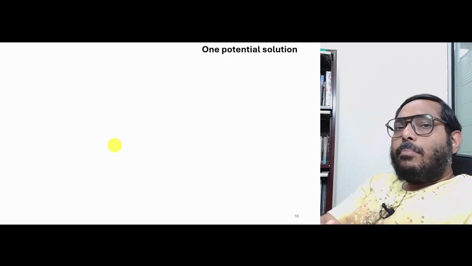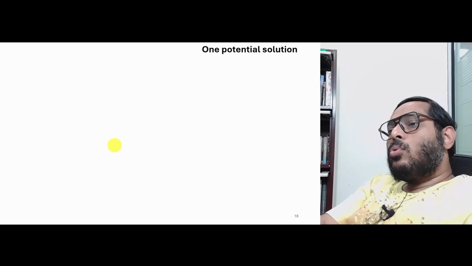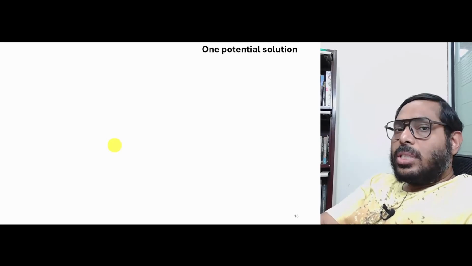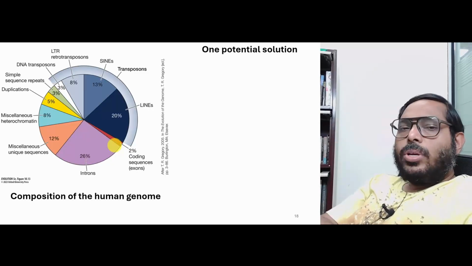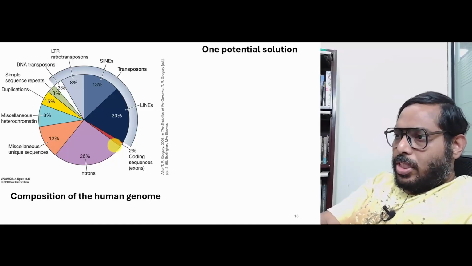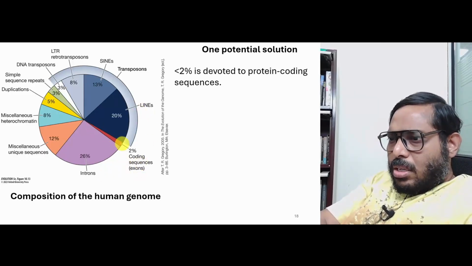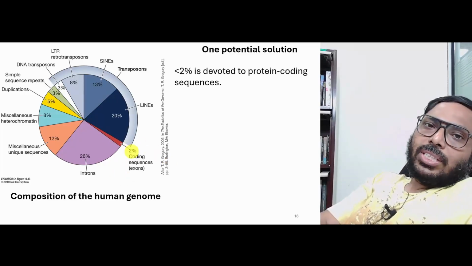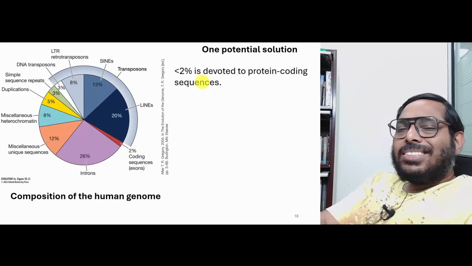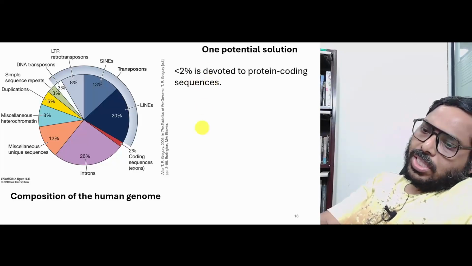One potential solution comes out if you look at the composition of the genome. We are showing you the composition of the human genome over here. You see this little tiny sector, these are the coding sequences, the exons, and less than 2% of the human genome is actually devoted to protein coding sequences.